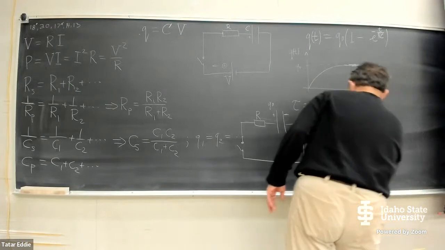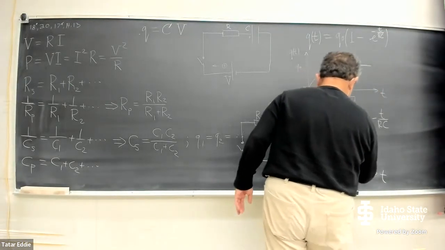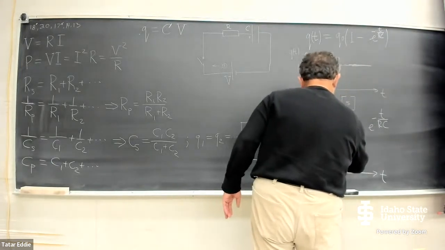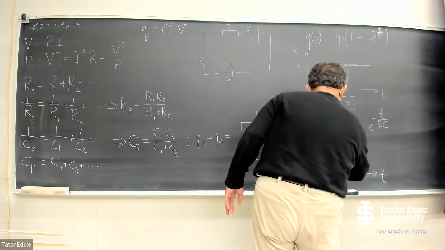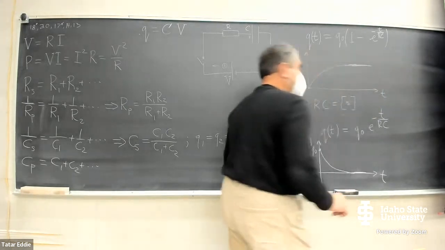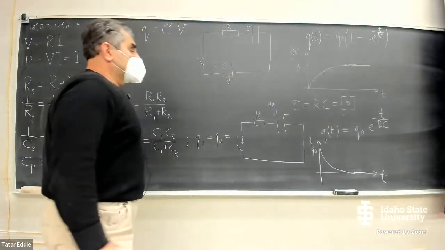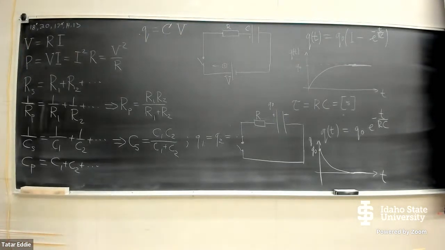So time, the charge on top of the plates, and you're going to start with some charge Q naught right here, the maximum value, and that charge is going to exponentially drop and reach 0. The exponential drop is going to be with the same time constant, with the same time scale, as in the previous case.